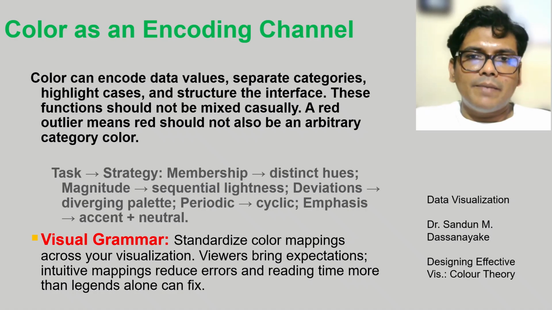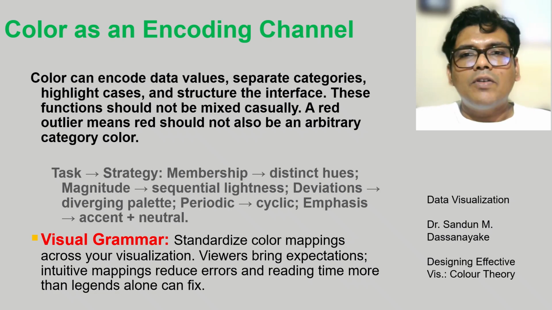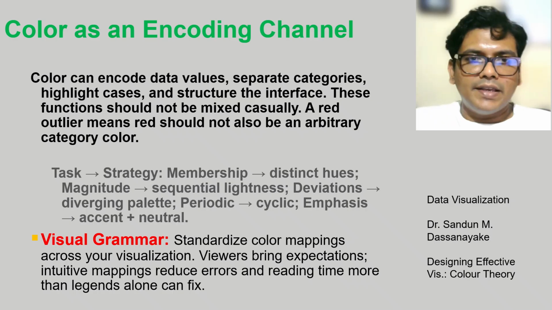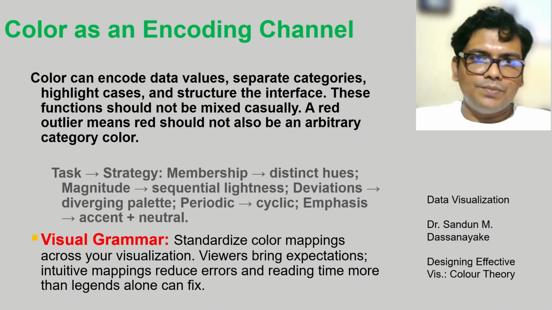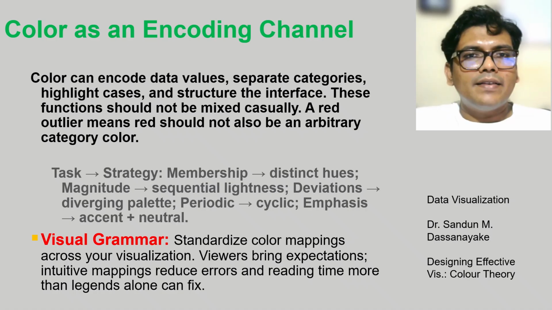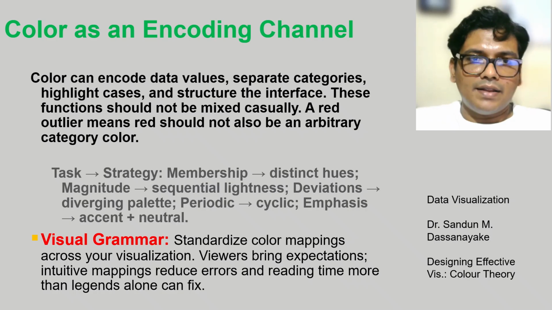The good news is there's a clear mapping between task and strategy. Showing group membership, then use distinct hues. If you want to show magnitude or quantity, use a light to dark sequential scale. If you want to show deviation from a midpoint, use a diverging palette. Showing something cyclical or periodic, use a cyclic palette.